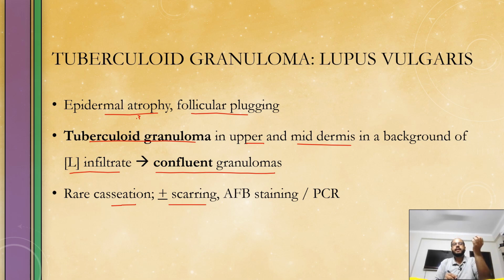Now remember, in any type of granulomatous tissue reaction pattern, you need to do some kind of special staining to further characterize. For example, in suppurative granulomas, you have to do special stain to find out fungal elements. Or in sarcoidal granulomas, you might have to do reticulin stain to further delineate those granulomas.